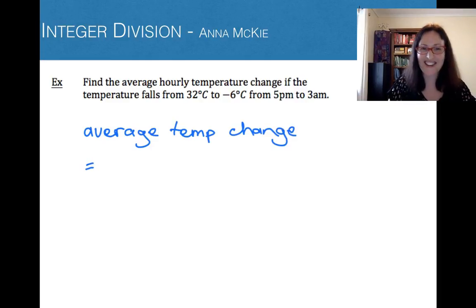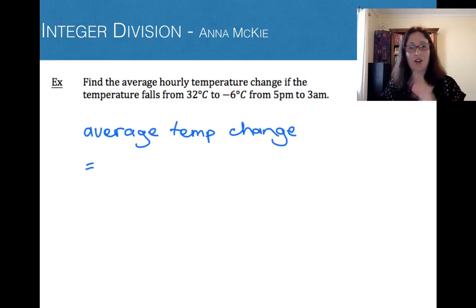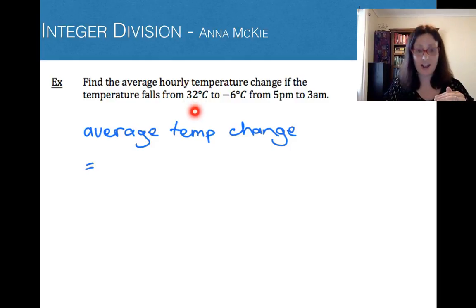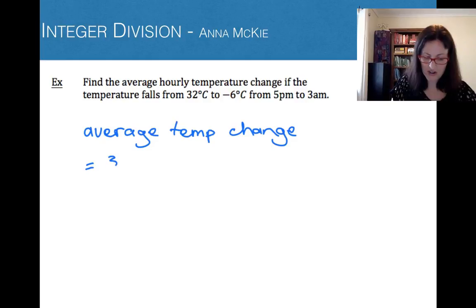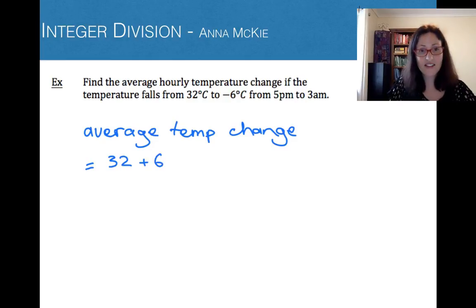Making sure you're writing this down to say what you're doing. So thinking about the temperature change here, you have to think about a directed number line. So you might think of it as 32 degrees down to 0 to start with would be 32. And then there's 6 more to get to -6. So we're actually going to add on that 6.